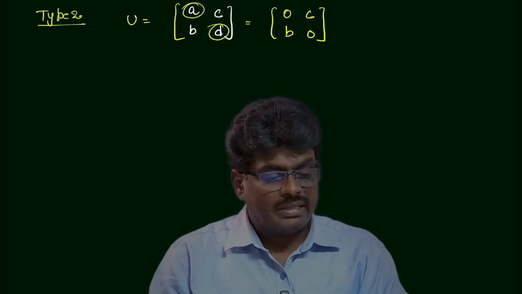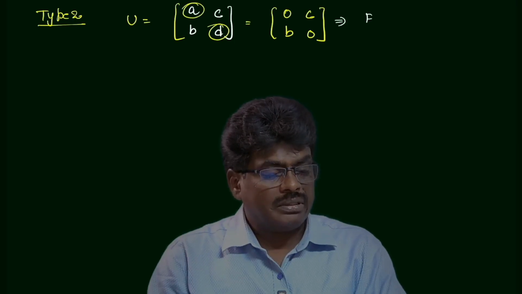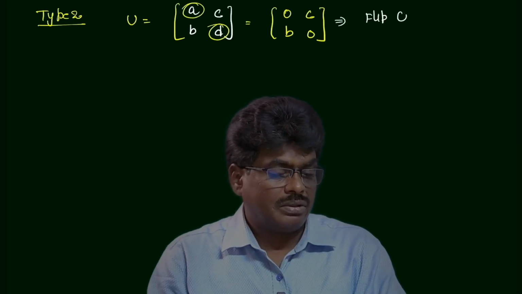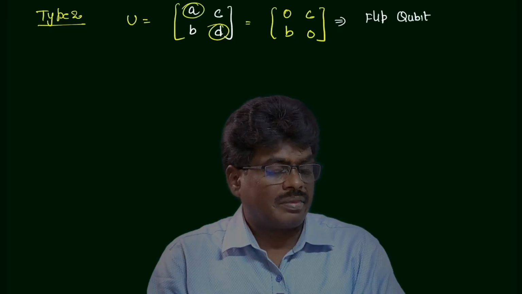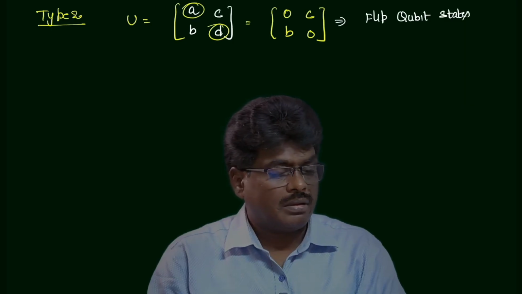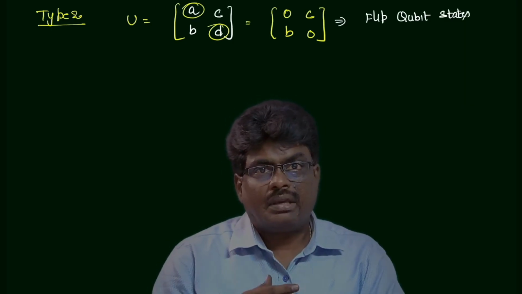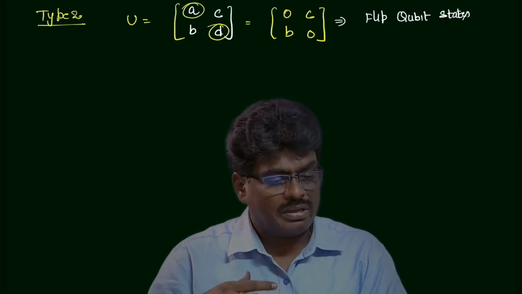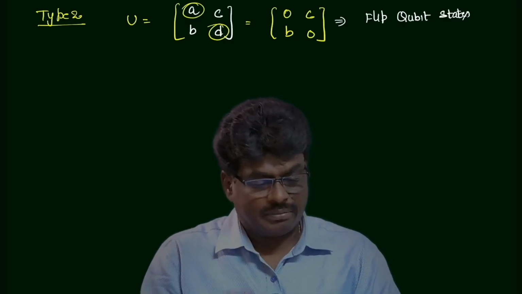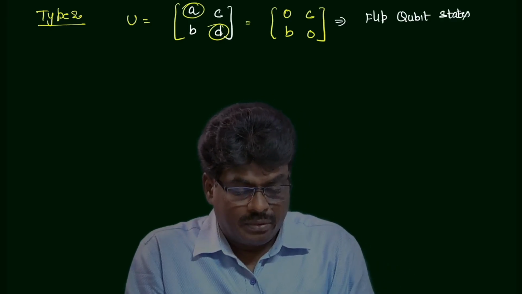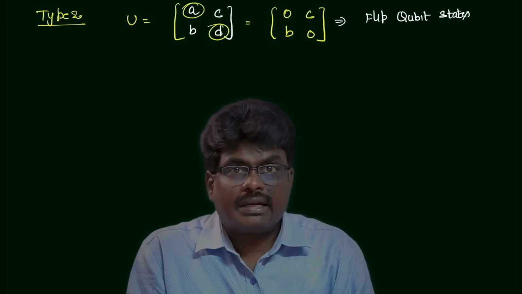We have already discussed that it will flip the qubit states. So this is just an alternate method to solve these quantum circuits. Okay, fine. Now examples, if you have, let me take it directly.